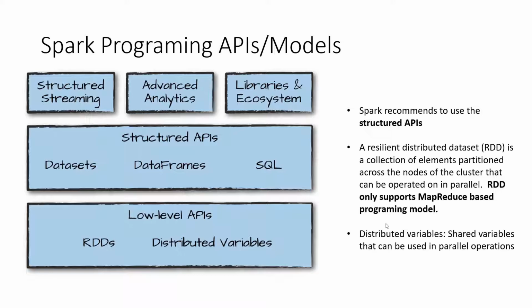We can divide them into low-level APIs and structured high-level APIs. The Spark community recommends the usage of the structured API, so our focus will be mostly on the structured API, but I will still provide some examples for the low-level APIs, because with them we can apply MapReduce and learn MapReduce. The low-level API consists of the resilient distributed dataset, which is the abstraction used by Spark to represent the dataset, and we can process data in an RDD in parallel.